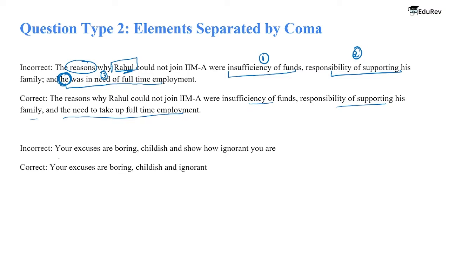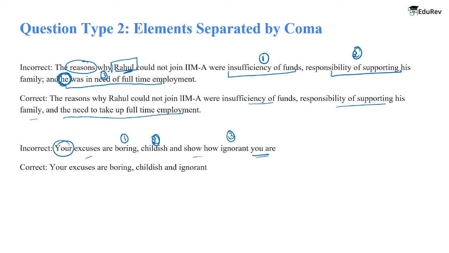The incorrect statement is your excuses are boring, childish, and show how ignorant you are. Why does you are is here? We know we are talking about your excuses only. Your excuses are boring, are childish, and ignorant. That's it.